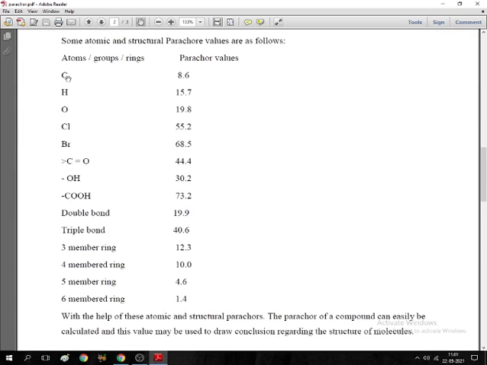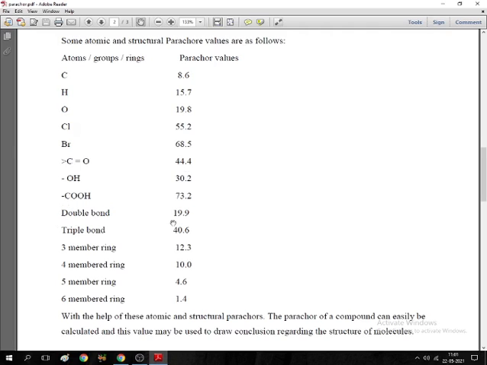Now here is the carbon, its Parachor value is 8.6. Here is the hydrogen, its Parachor value is 15.7. Oxygen 19.8, chlorine 55.2, bromine 68.5. This is a carbonyl group, C double bond O. It is 44.4. This is OH group 30.2, carboxylic group 73.2.